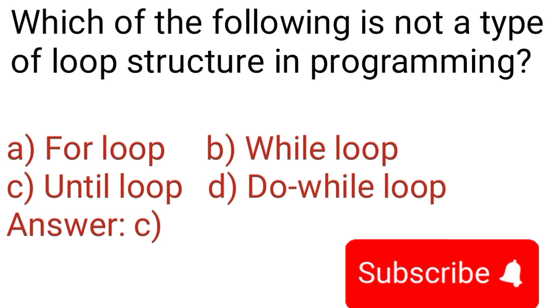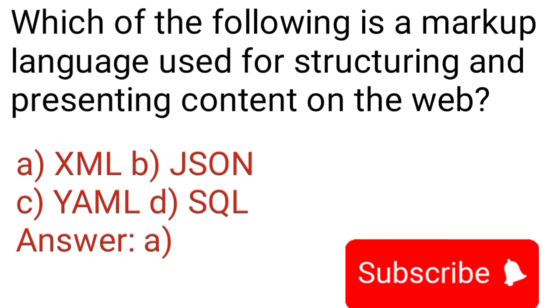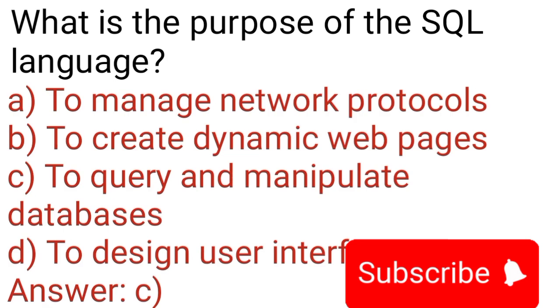For loop, while loop, do while loop, until loop are loop structures. Option C is incorrect. Which of the following is a markup language used for structuring and presenting content on the web? XML is a markup language used in structuring and presenting the content.